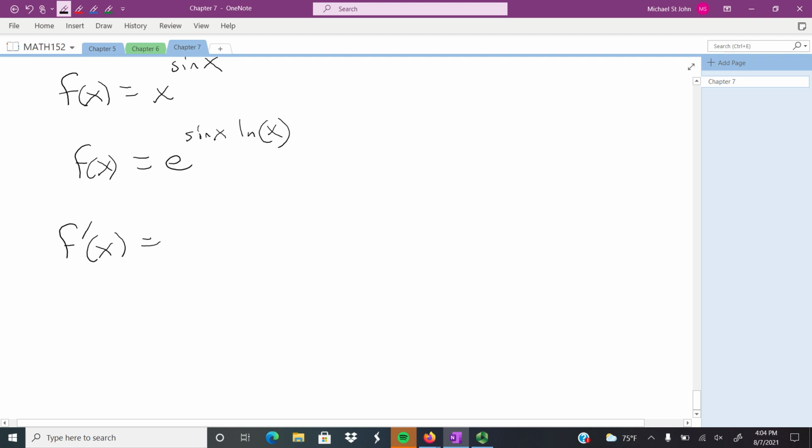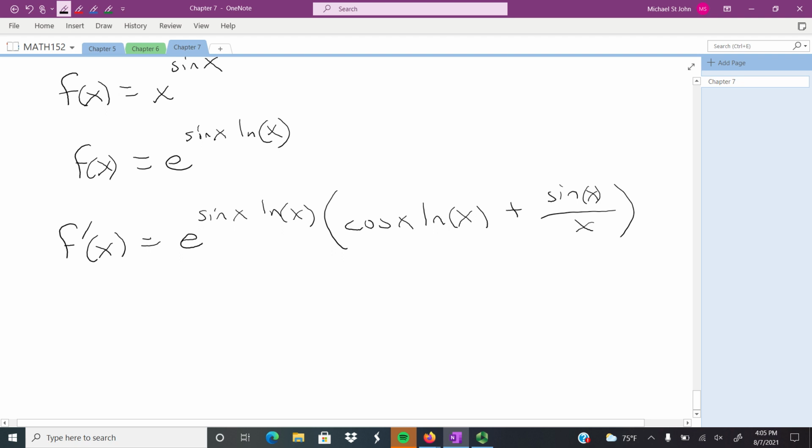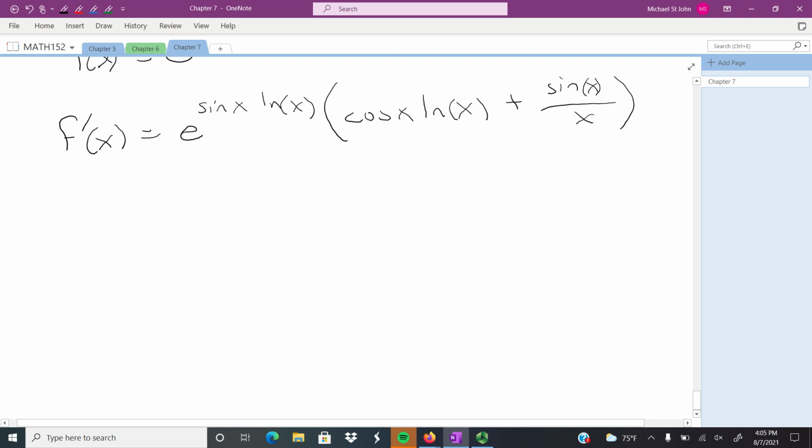And so we're going to end up with e to the sine of x ln x times cosine x ln of x plus sine x over x. So that's my rule. When I get done, I can do a little factoring. I end up with that part.